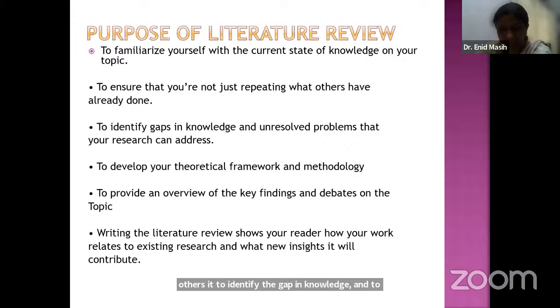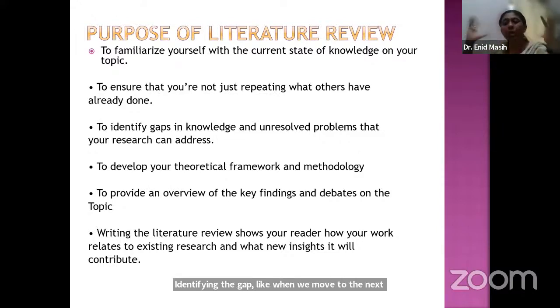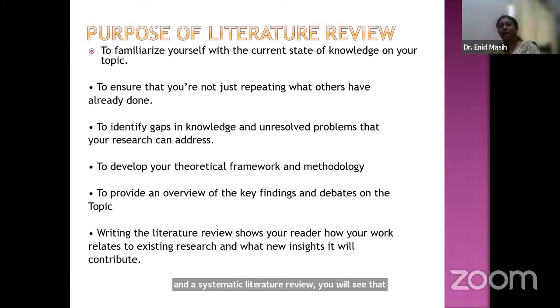Identifying the gap: when we move to the next slides, you will see that I am going to differentiate between a narrative literature review and a systematic literature review. You will see why a systematic literature review is more acceptable in the research area.